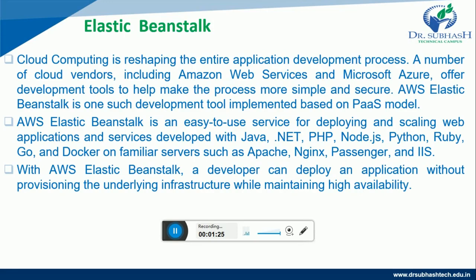Another aspect of Elastic Beanstalk is that it is an easy to use service for deploying and scaling web applications and services developed with the Java programming language, .NET, PHP, Node.js, Python, Ruby, Go, and Docker on familiar servers such as Apache and so on.